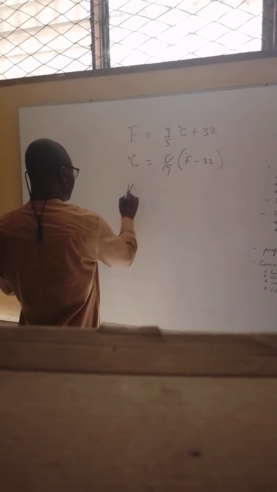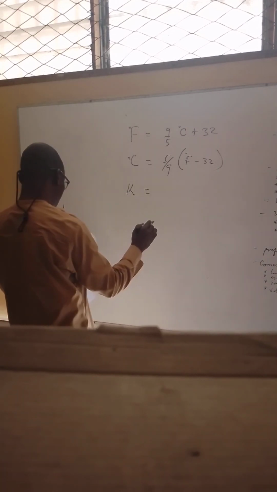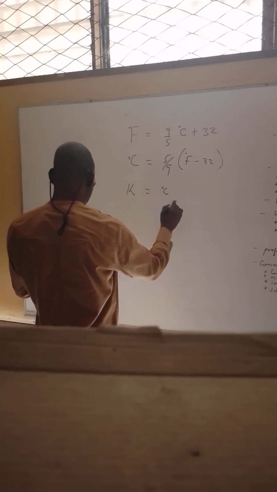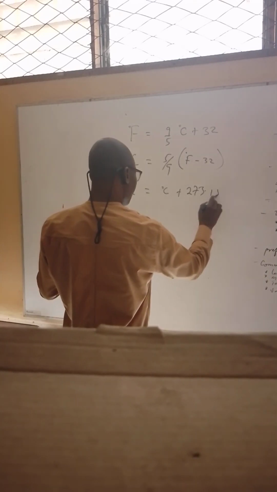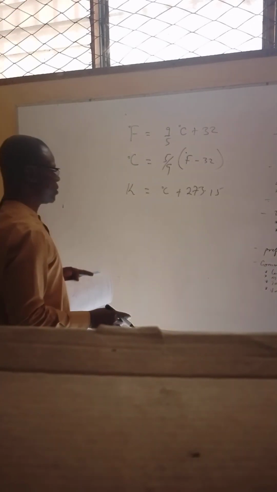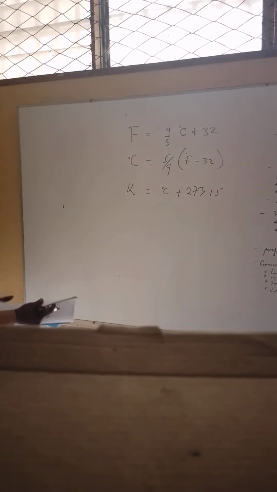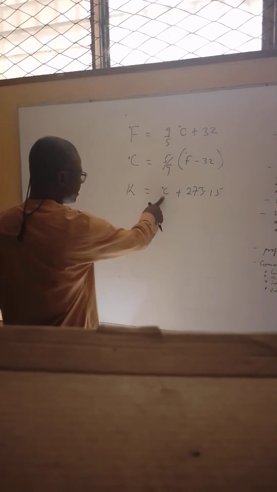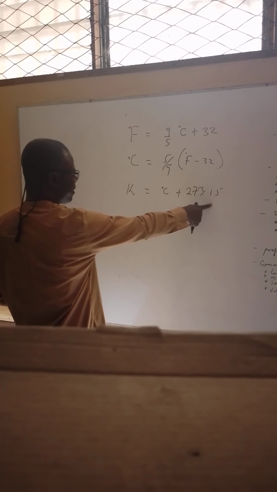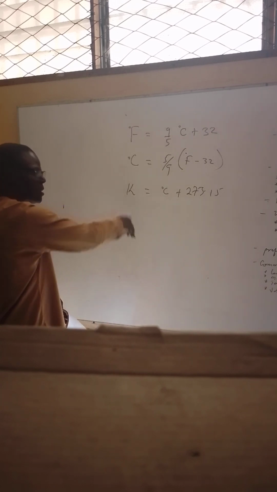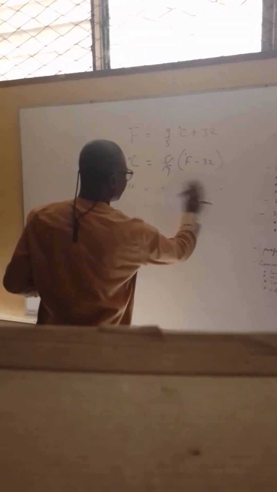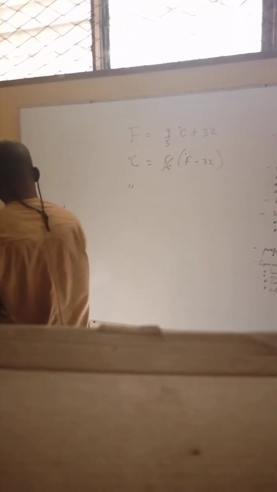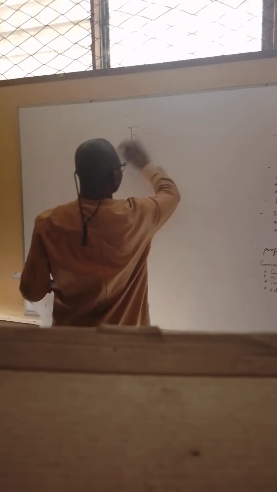While the Kelvin, the absolute, is equal to the degree Celsius plus 273.15. That is, you add 273.15 to degree centigrade, you have the temperature scale to the Kelvin. And then for volume, consider conversion for volume.